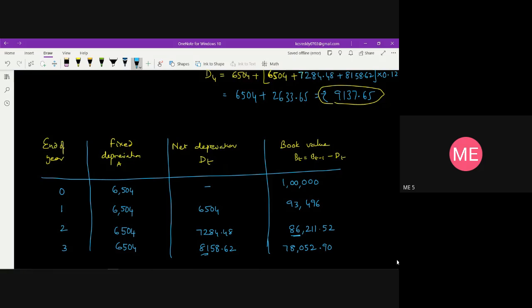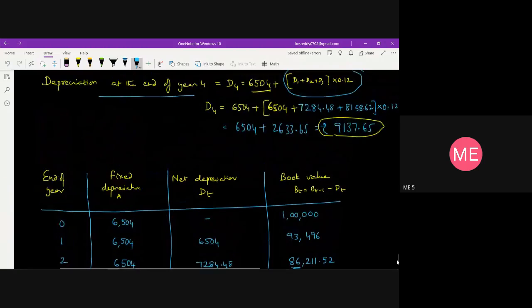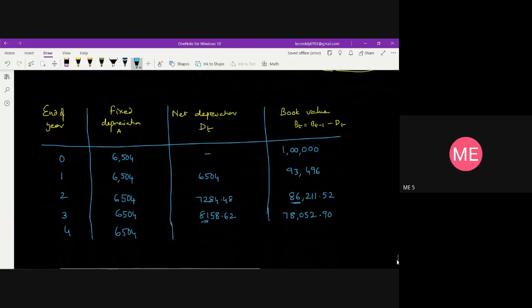Up to this, and the fourth also we have shown, that is 6504 as the fixed depreciation, and the net depreciation we calculated is 9137.65. Then 78,052.90 minus 9137.65, we are going to get 68,915.25.